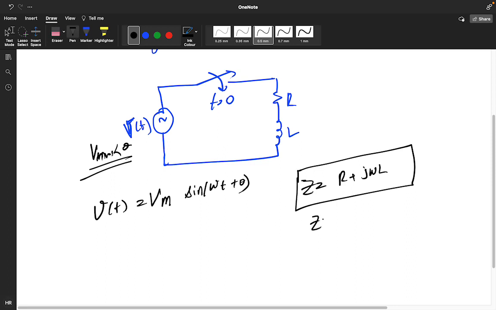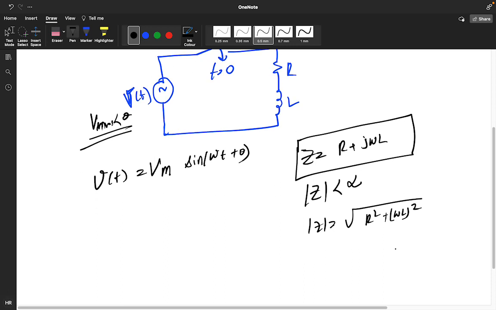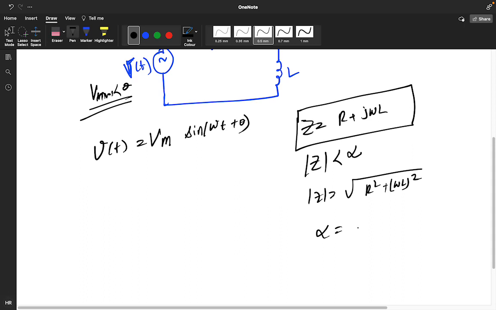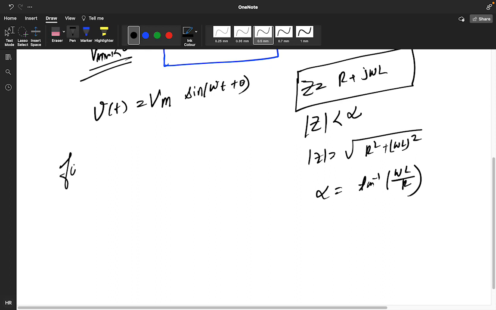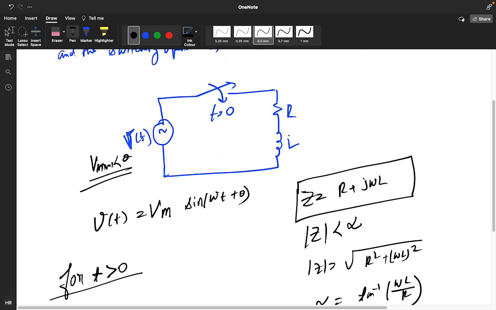We can write Z as mod Z at an angle alpha, where mod Z is root under R square plus (omega L) the whole square, and alpha is tan inverse of omega L by R. For t greater than 0, this omega L will not be short circuited or open circuited as in DC, because I have a frequency here.